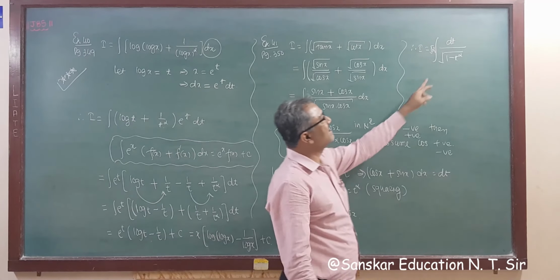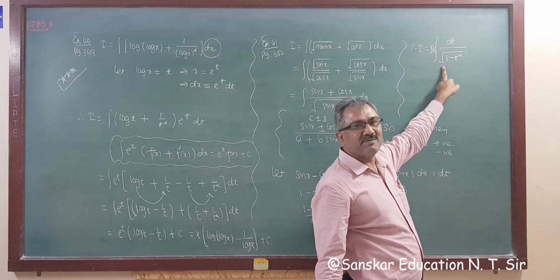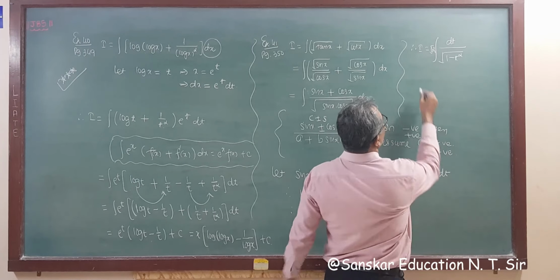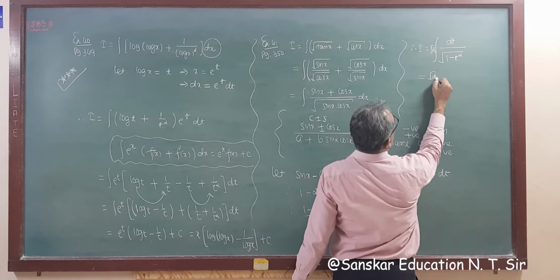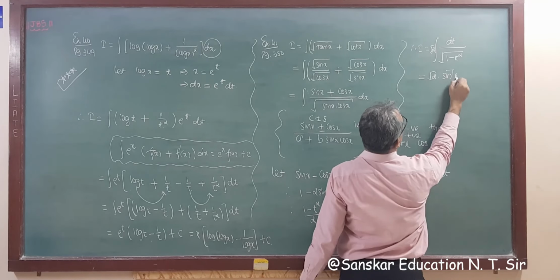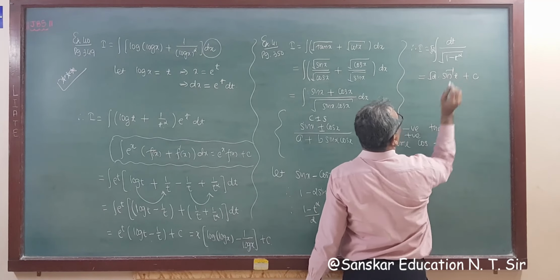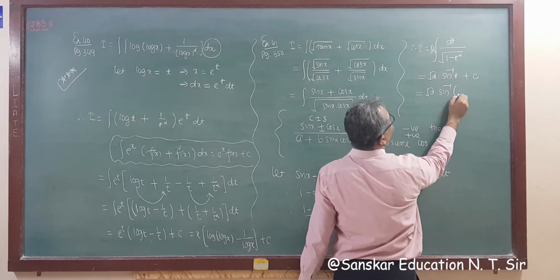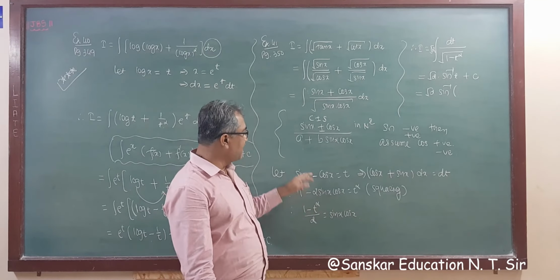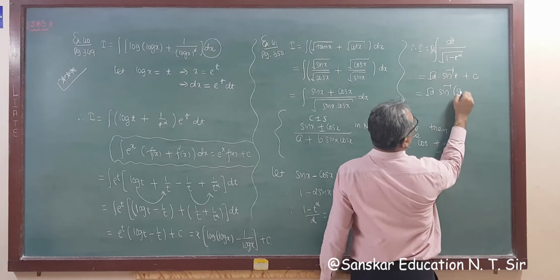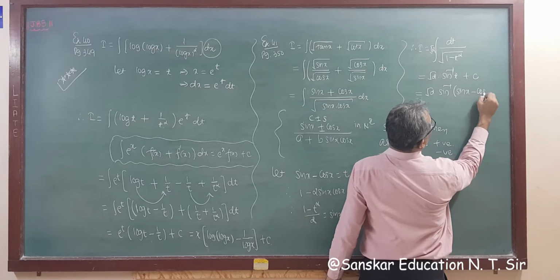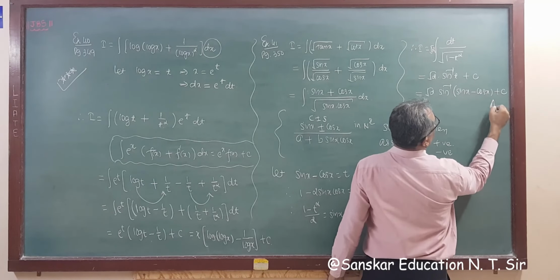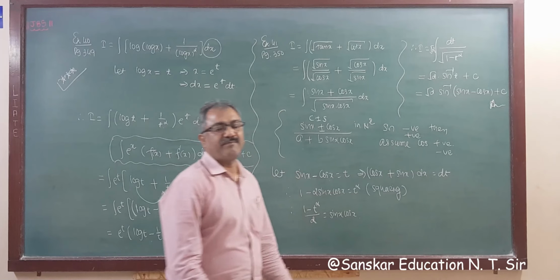Right? So this is the standard formula for 1 upon root a square minus x square, which is sin inverse t. So the answer will be root 2 into sin inverse t plus c. That is root 2 sin inverse, and t is sin x minus cos x. So root 2 sin inverse of sin x minus cos x plus c. So this is your final answer, right?